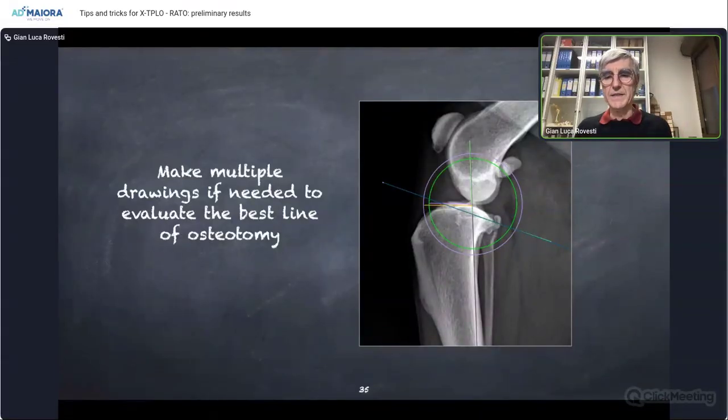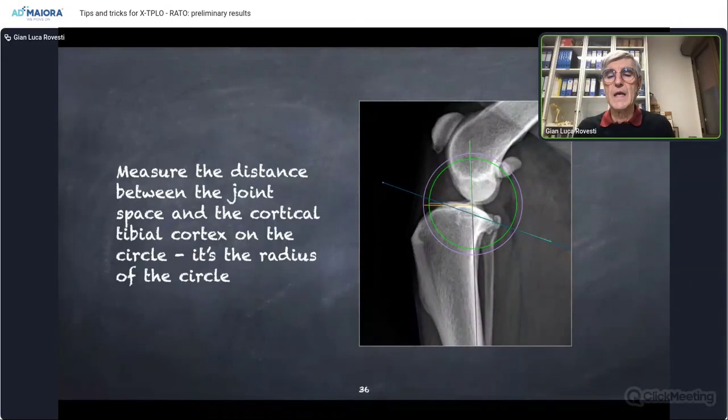Degrees are degrees. So if you want to change 20 degrees, it doesn't change if you are going to use a 21 or 24 radius blade. Okay, so you don't need to change every measure if you decide to change your blade during the surgery.